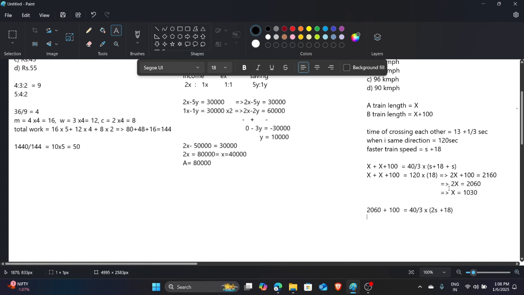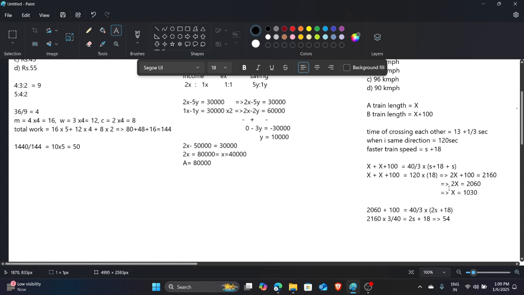Now when we solve this, the value of 2x we need, so 2 1 60, multiplied by 3 divided by 40, and here equal to 2s plus 18. 0 0 cut, and 2 fives are 20 and 2 fours are 60.